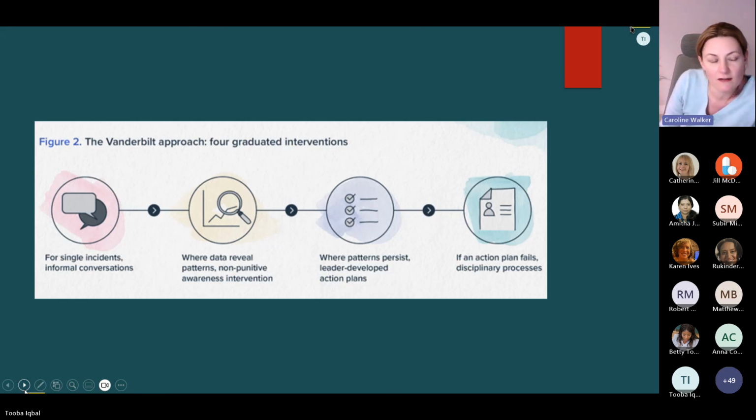So I don't know if anyone's seen, there's an NHS Civility toolkit, which has got a great set of resources about how to manage incivility within NHS organisations. And a lot of it's focused around the approach that was developed by Vanderbilt University.